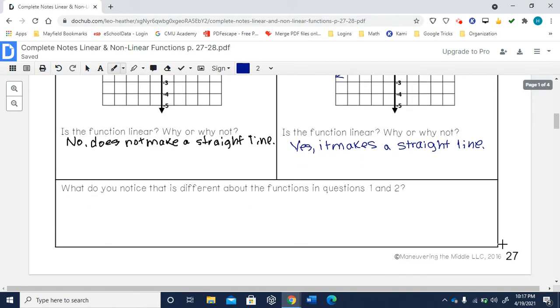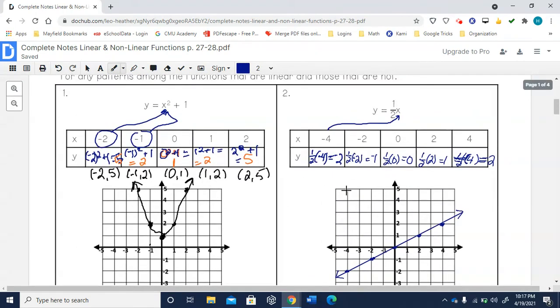Now, what do you notice that is different about the functions in questions 1 and 2? And they're actually talking about the equations here. So if you look at the first equation, y equals x squared plus 1, there's an exponent here of 2, okay? If you look at the second one, though, it's y equals half of x, okay?